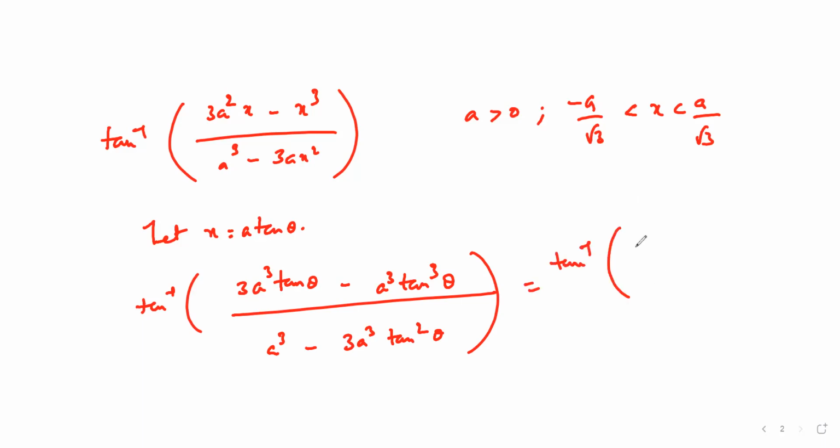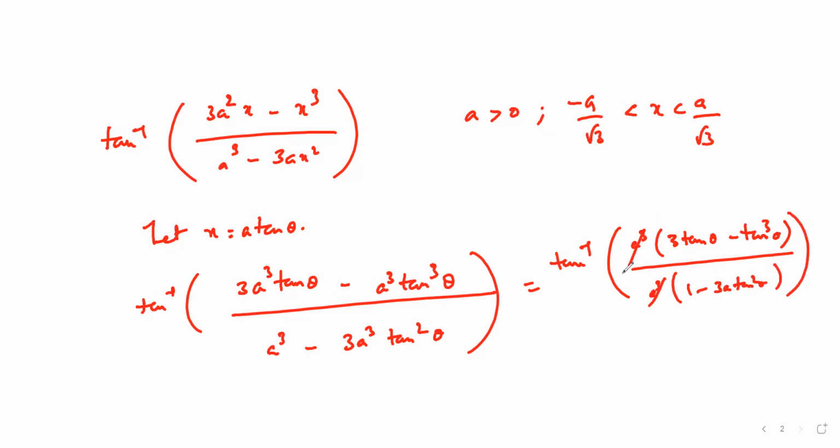So tan inverse of 3 tan theta minus tan cube theta by 1 minus 3 tan square theta. This is nothing but tan 3 theta, right?